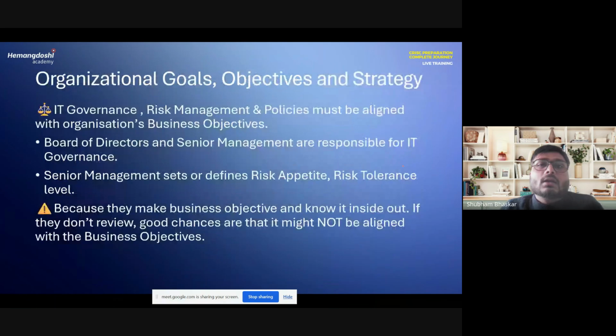Okay. Now, organization goals, objective, and strategy. Like I said, anything that a department does has to be aligned with organization business objective, and so does the risk management that you are going to perform. When you do a risk management, you will also be making a policy that's called risk management policy. There could be an internal process. How do you do risk management process?